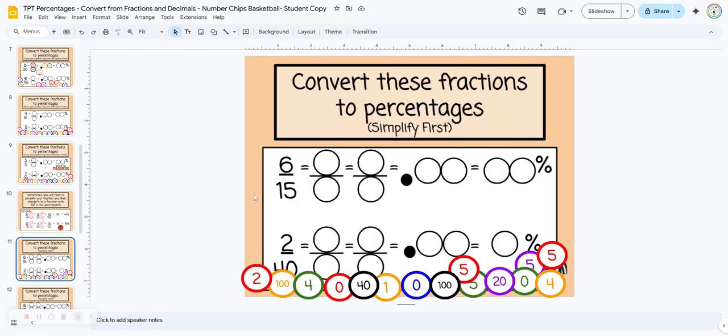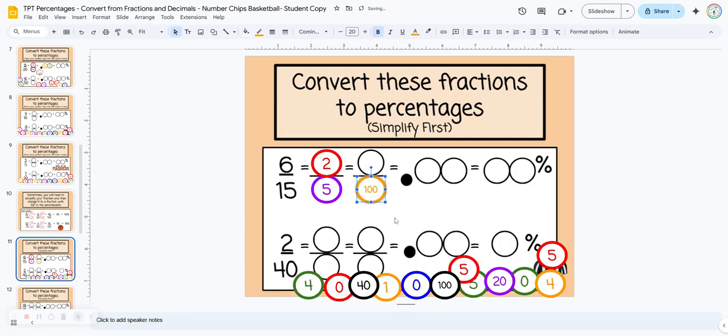So on the next slide, they're going to be doing this. They're going to simplify their fraction first. Here they can divide the numerator and denominator by 3, and they get 2/5. Now they can convert it to an equivalent fraction with 100 in the denominator by multiplying by 20.